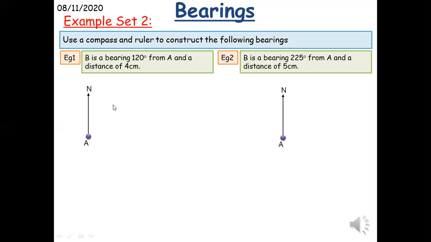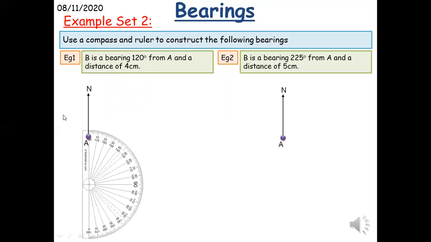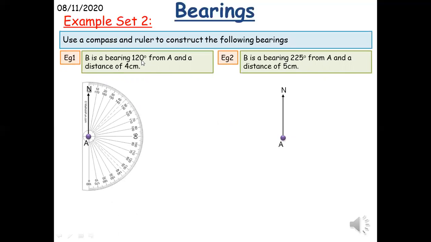Okay, A. I have the point A because it's set from A, and then I'm going to put the protractor in the middle and measure the bearing, which is 120. I will measure the angle 120 and draw a line. But he gave me a distance of 4 centimeters.